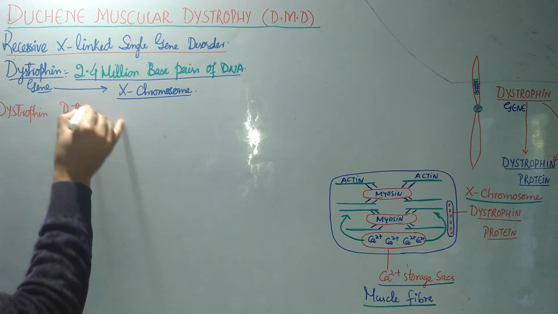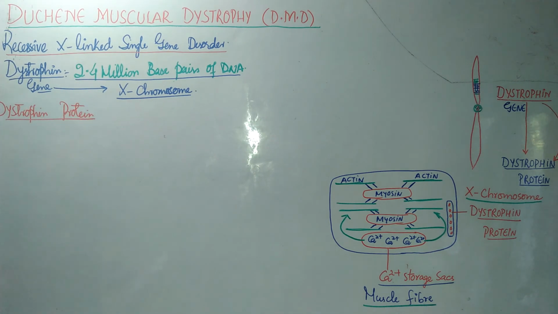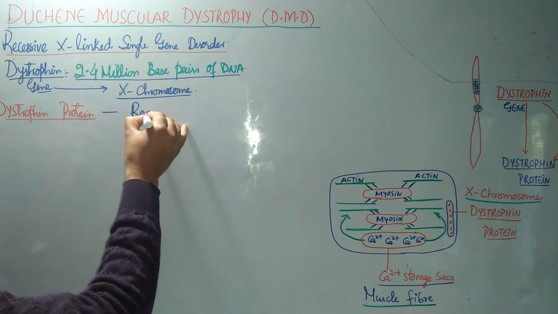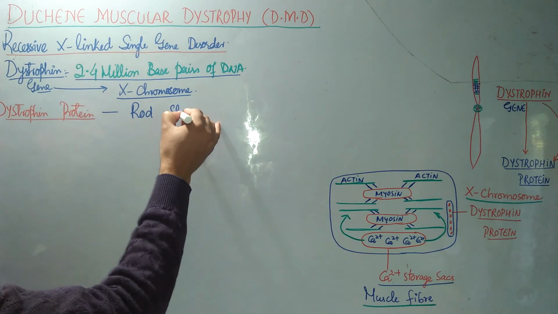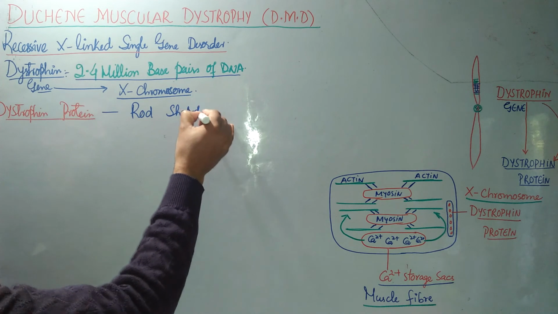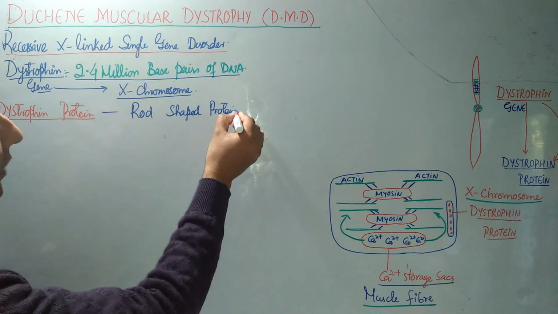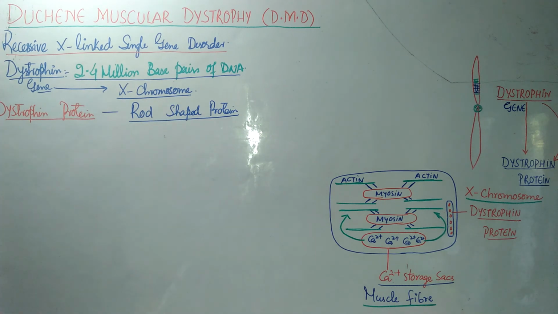This dystrophin protein is formed when the dystrophin gene exercises the central dogma. It is a very large, rod-shaped protein.